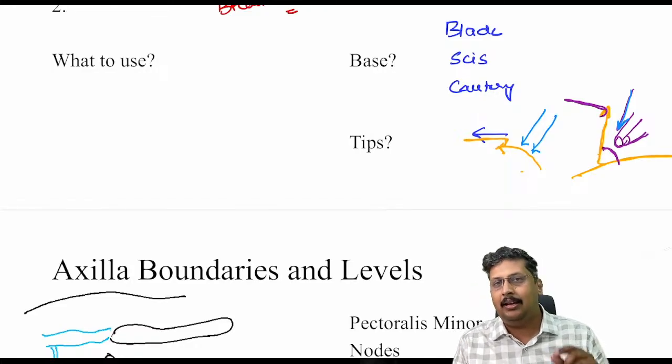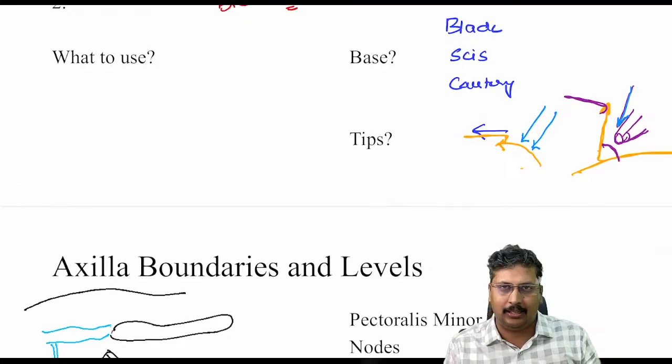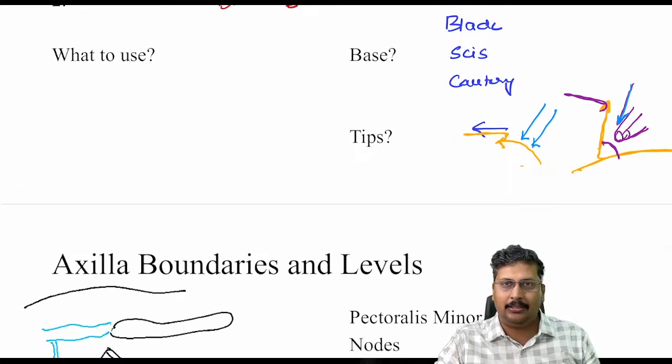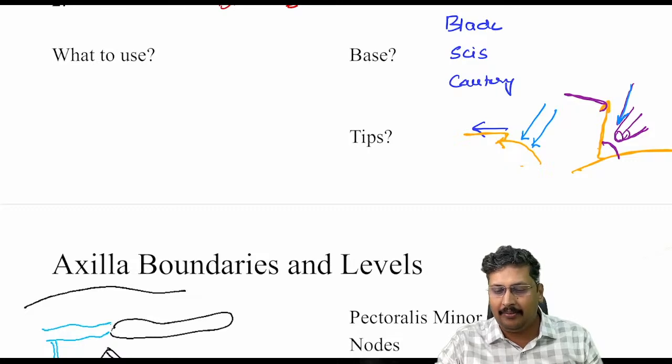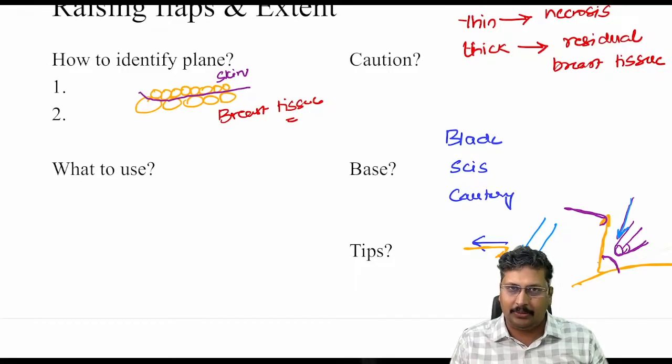Again, it's important to check your thickness, and you can ask your assistant to see whether the skin flap is thinner or thicker. But the most important thing is that the angle with which you do the surgery is important, and the angle with which the assistant pulls the skin flaps is also important. So that is one thing.